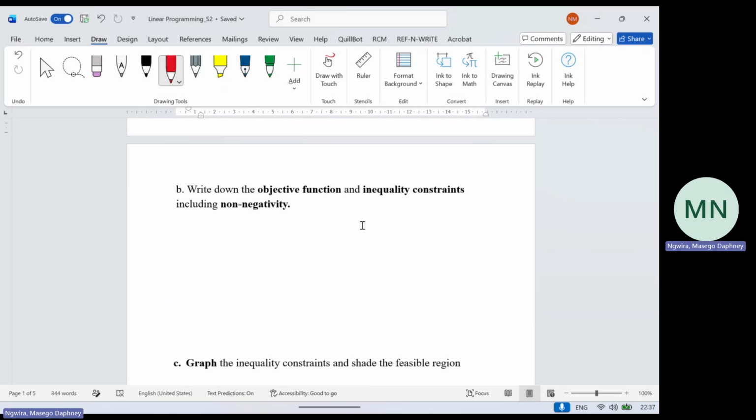Because I already know my X and Y, I'm going to draw my table. Okay, this is my table.